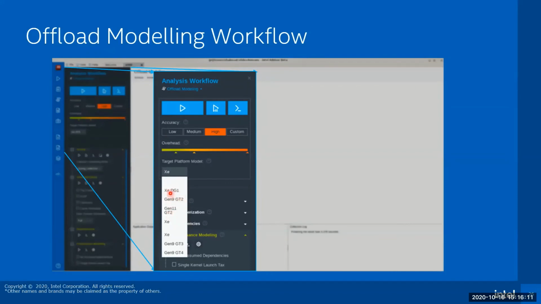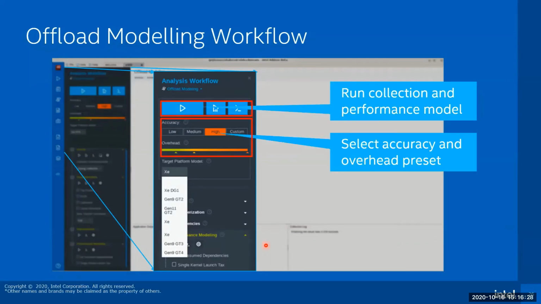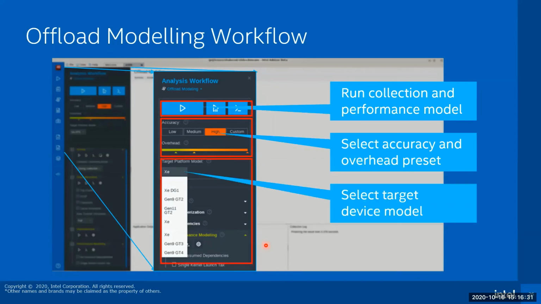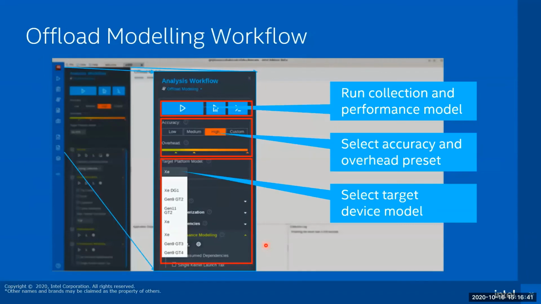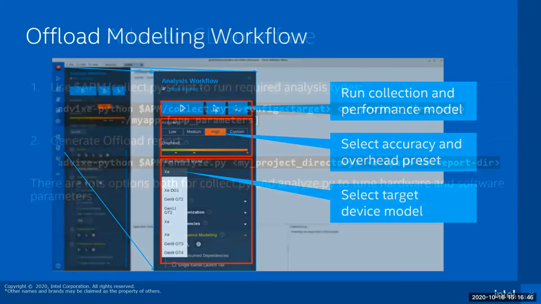It's either an existing one on the market like Gen 9 or Gen 11, or there are some hidden architectures which are not available publicly, but internally the tool is used for projection for other future microarchitectures. So you just select the target device model, you select the accuracy because you need to control the overhead, and you run the analysis of the existing code and make this performance projection.